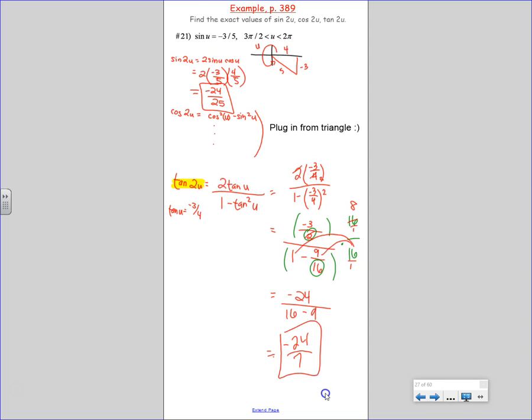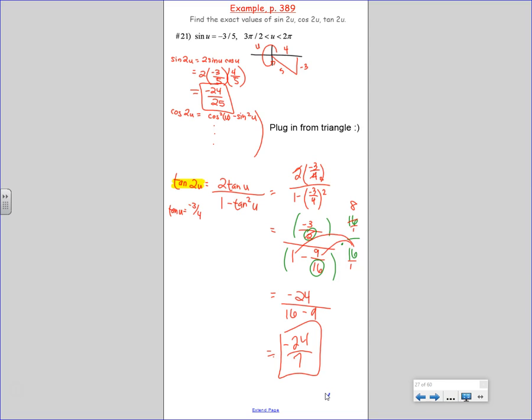Could you have gotten there? Bring it to me, it'd be negative 3/2 all over what? 1 minus 9/16. Here's the other way you could have gone. This would be the old school, pre-algebra way. Multiply this guy by 16/16, right?